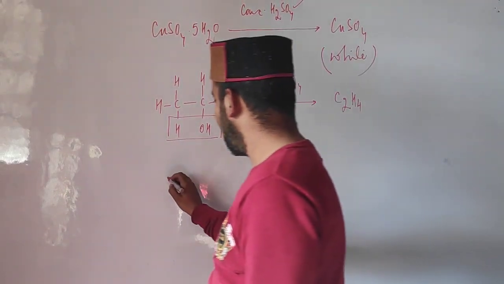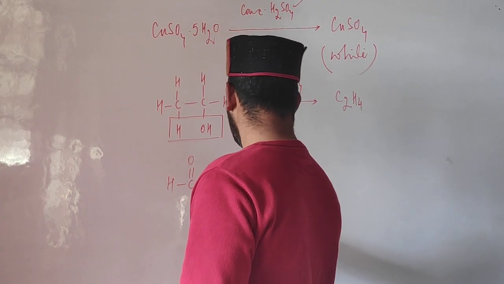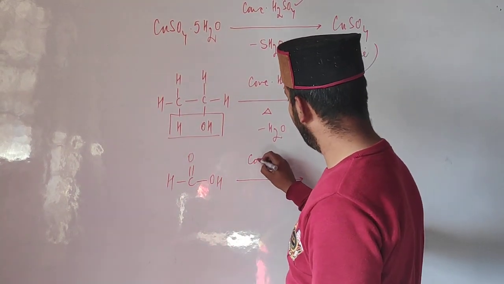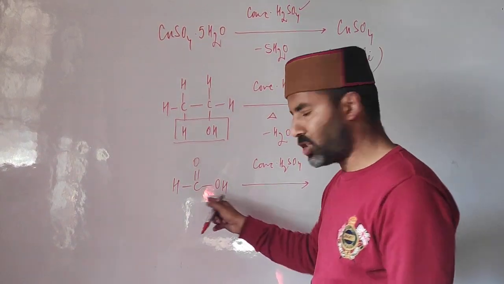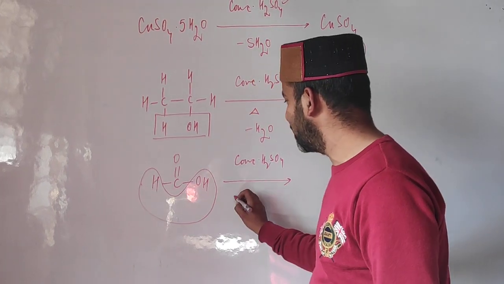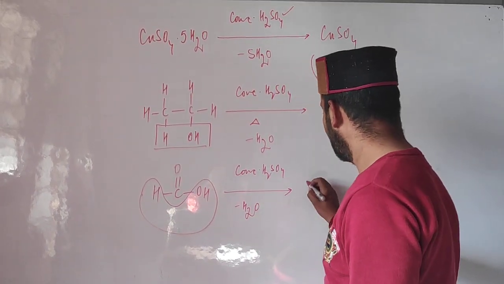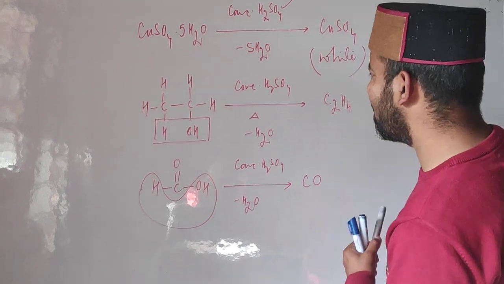Then students, I have another example of formic acid. Now when formic acid is heated with H2SO4, as such there is no water, but there are elements of water which are removed by concentrated H2SO4, and thus we prepare carbon monoxide.